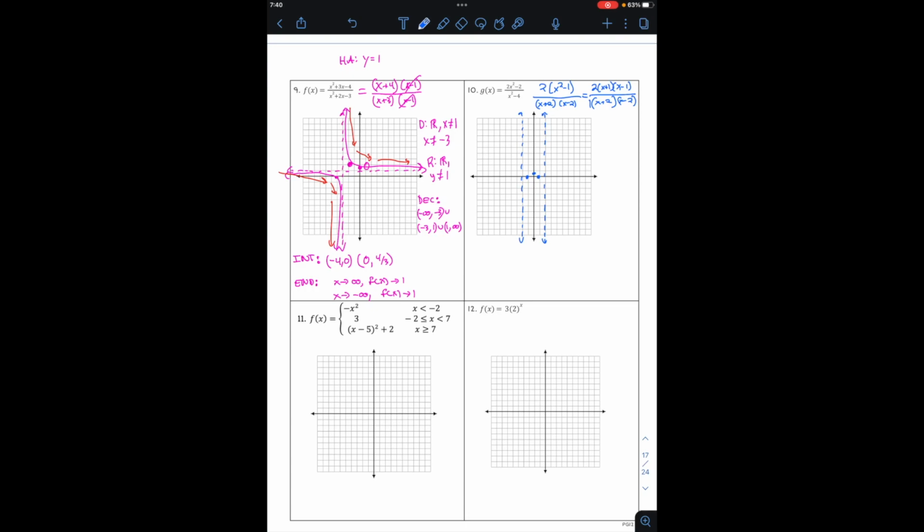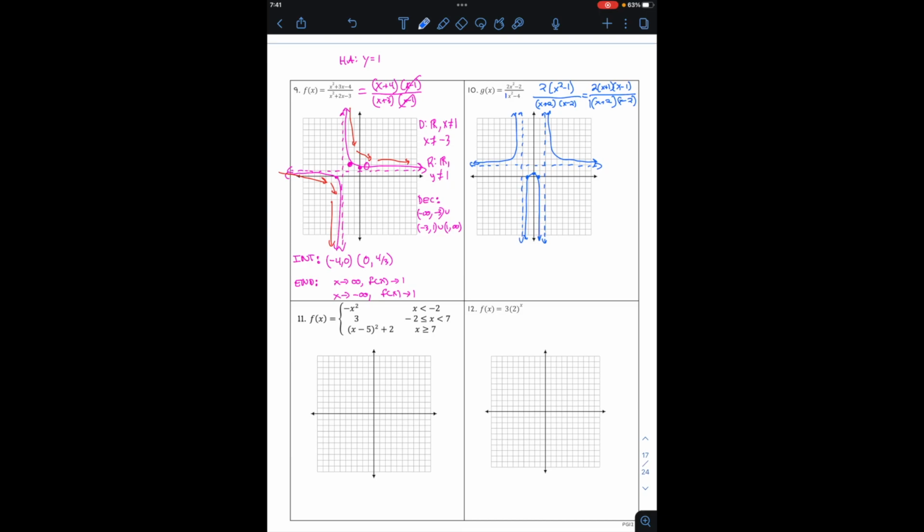Our horizontal asymptote would be something like this, because the degree of the numerator and denominator is the same, and we have the leading coefficients. Based on this, I can get the shape of my graph because I've got to be contained in these asymptotes. And then I don't really ever cross the x-axis again, so it would probably look something like this. You could test more points, but we can say pretty confidently that this is the case.